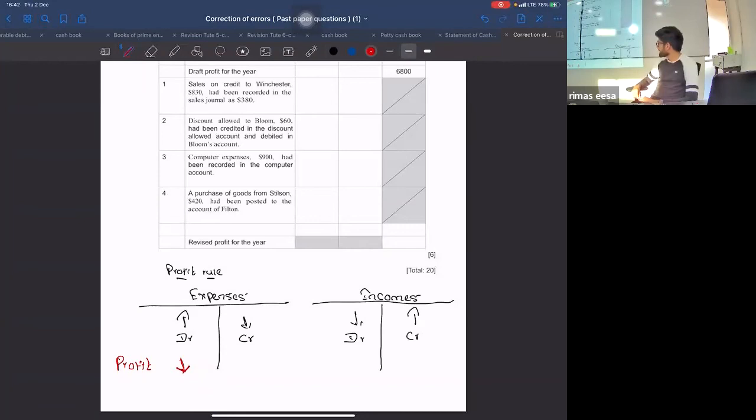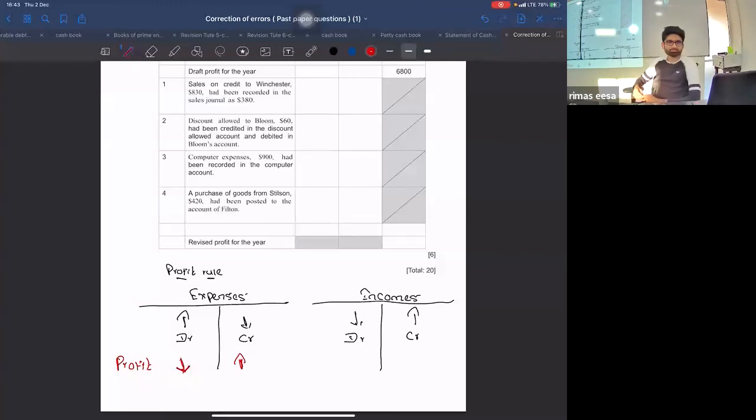Okay, now look at the next one and tell me, when expenses are reducing, you went and put to the credit side, right? When expenses are reducing, can you tell me what will happen to profit? If expenses reduce, what will happen to profit? Profit will increase. So this is my profit line. Put an increase column.